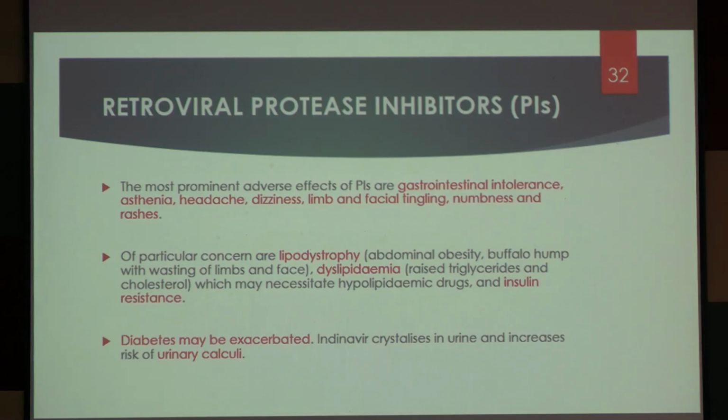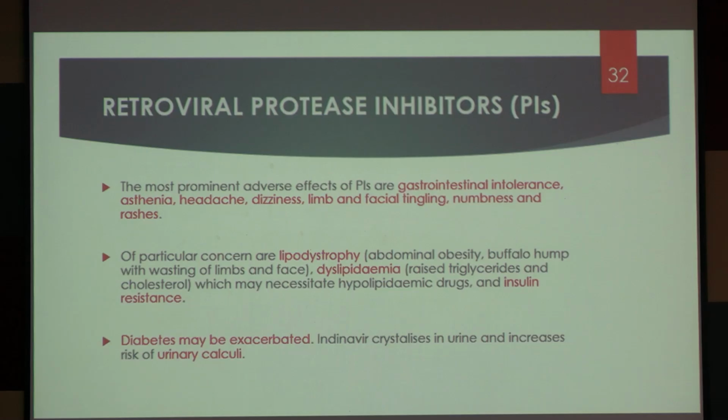Now, coming to the most important complications with PI, one is gastrointestinal intolerance. Others include asthenia, headache, dizziness, limb and facial tingling, numbness and rashes. But the important complications are 3. Number 1 is lipodystrophy, dyslipidemia and insulin resistance.